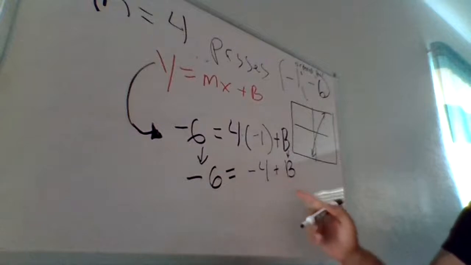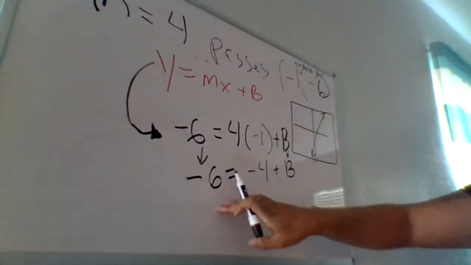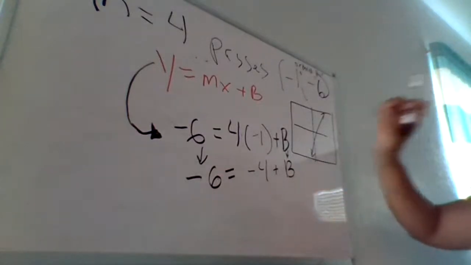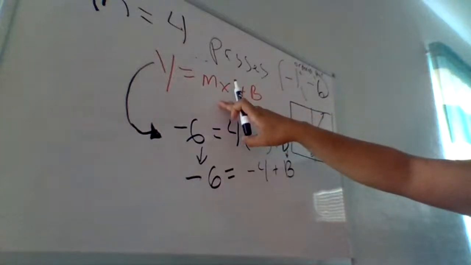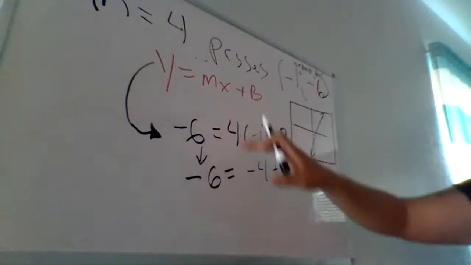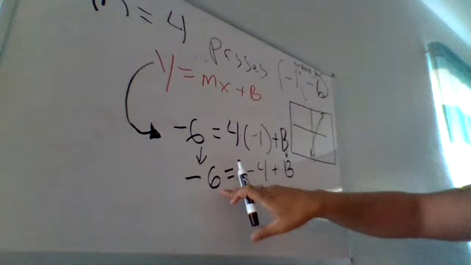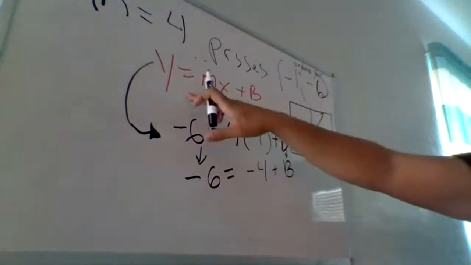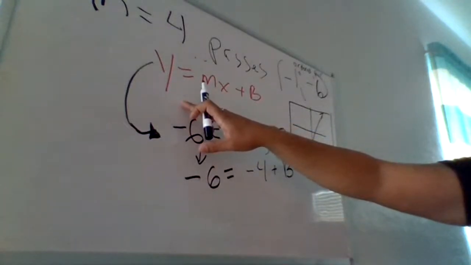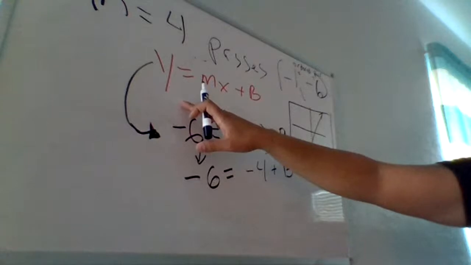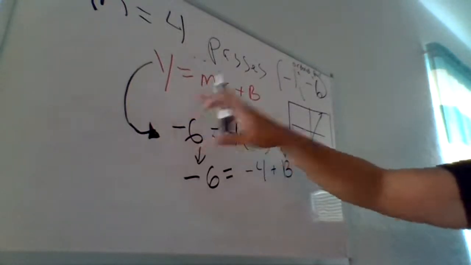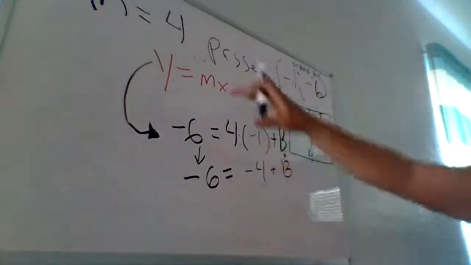Okay. So from here, we know we're going to continue to combine like terms until we get to the slope-intercept form, right? So we need to get rid of this, right? Because we need to get the y by itself, right? So the easiest way to do that is to do what? We need to get the y all by itself.